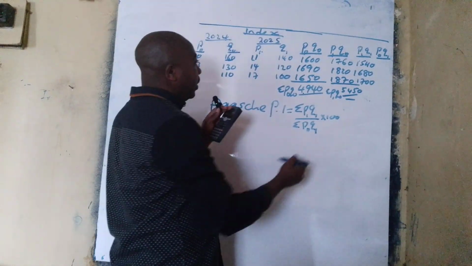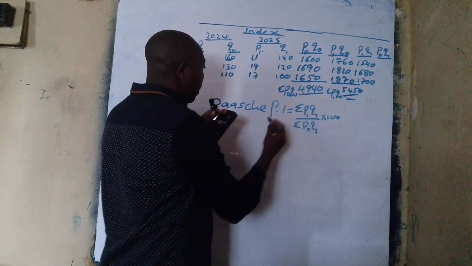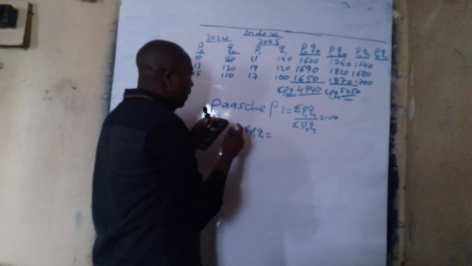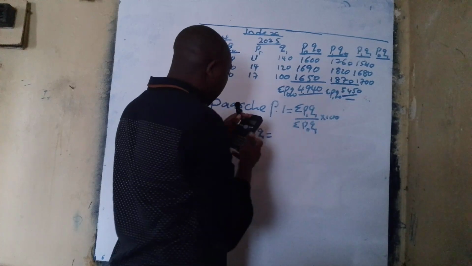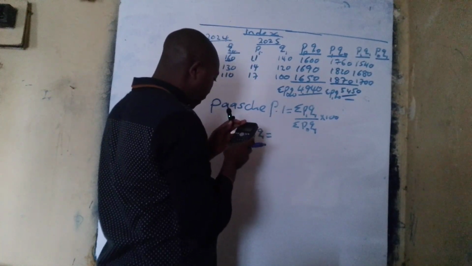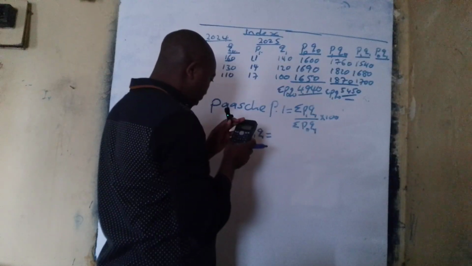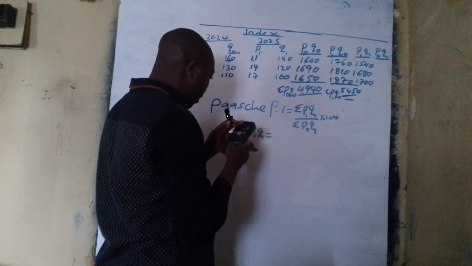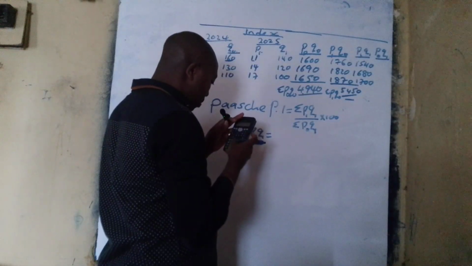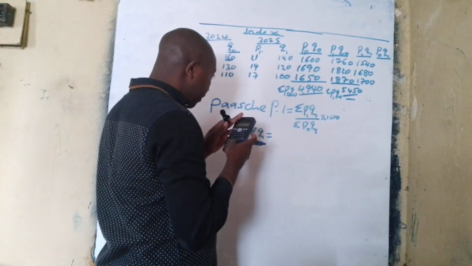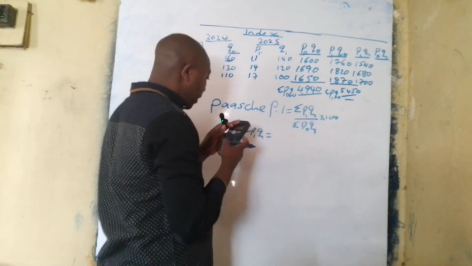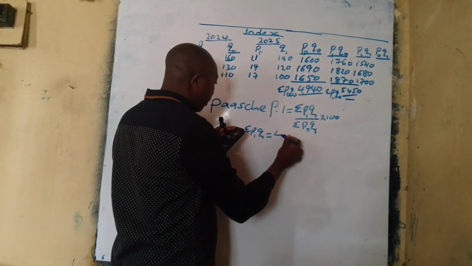So what about summation P1Q1? We are adding it. We take 1540 plus 1680 plus 1700. That is 4920.